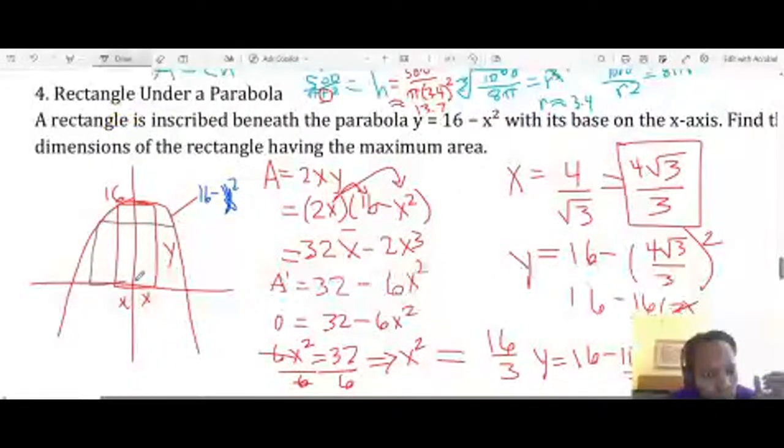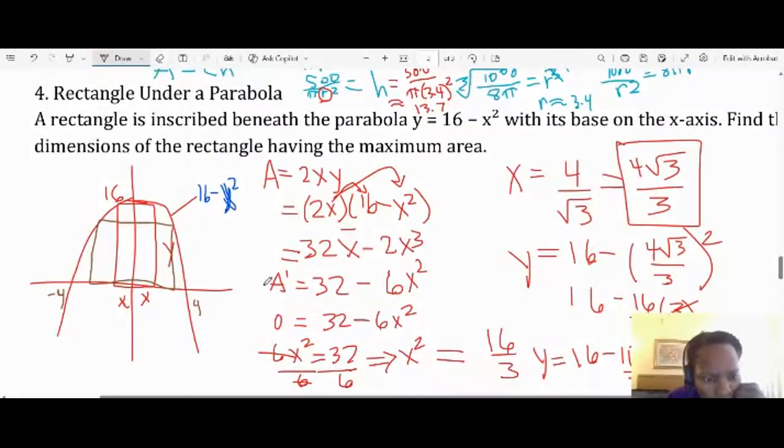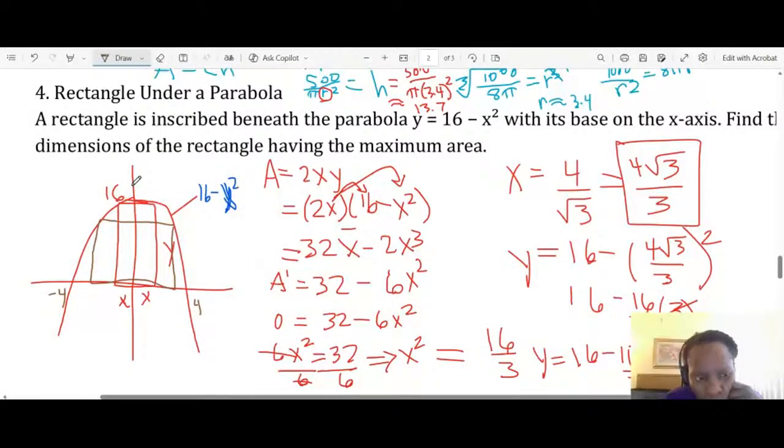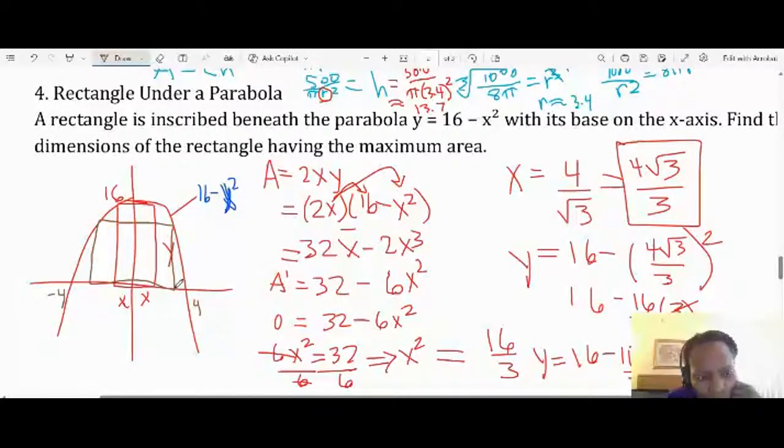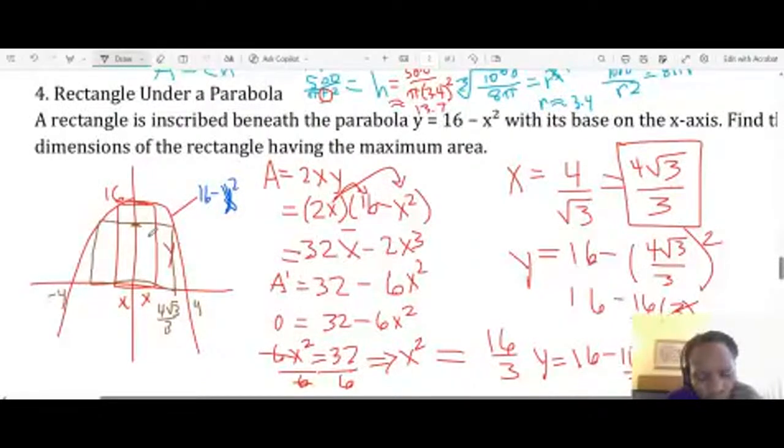So if this is 4, it's minus 4. So, yeah, 4 square root of 3 over 3, and then 32 over 3.